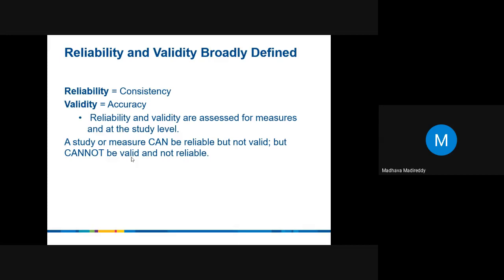It is not very accurate. So that is the difference between reliability and validity. Validity can actually be termed as accuracy. Now we will go a little bit deeper into how we can look at stuff that is reliable but not valid, and valid but not reliable, and so on. We can go a little bit deep into these two terms.